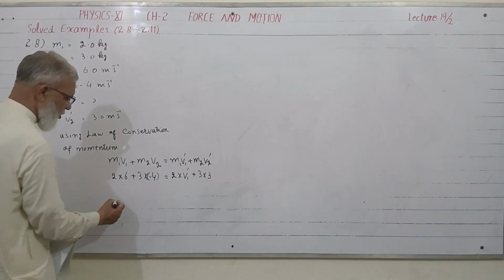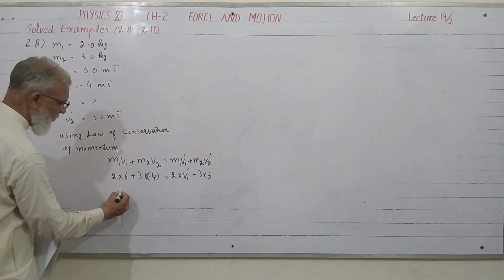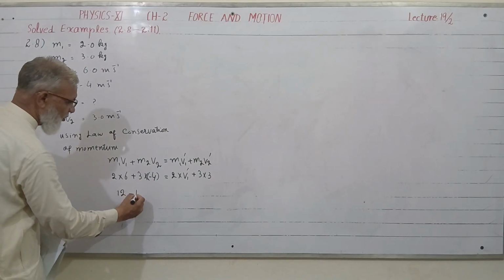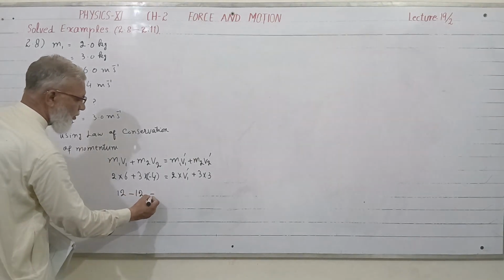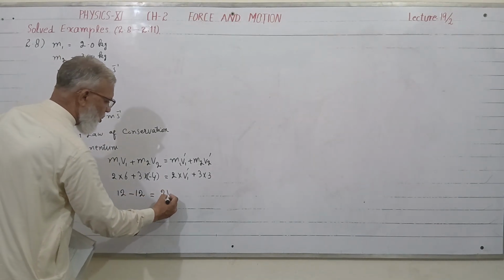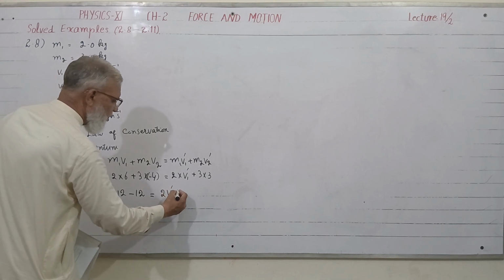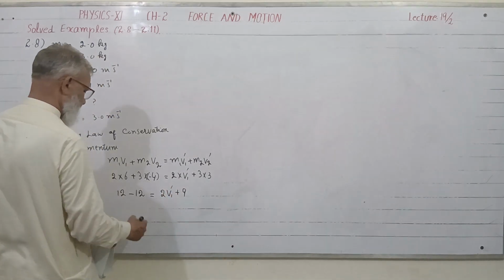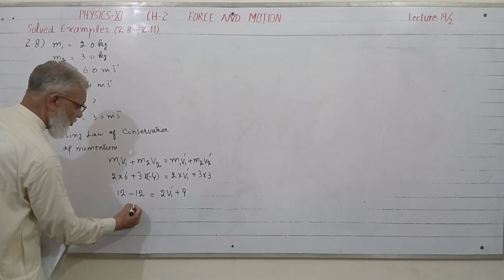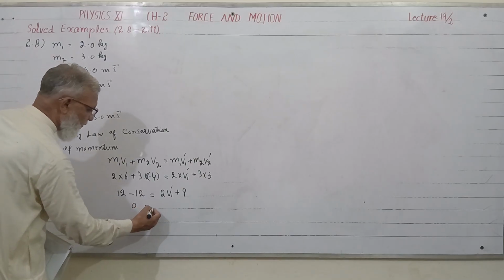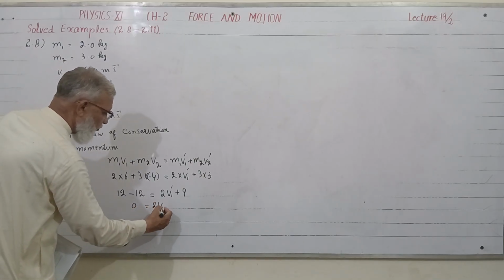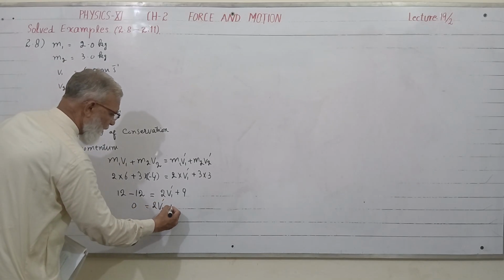Solve. 12 minus 12 equals 2 V1 prime plus 9. It comes out to be 0. So 2 V1 prime plus 9 equals 0.